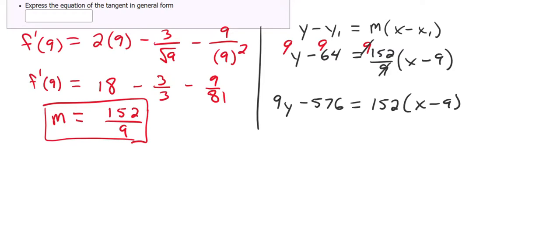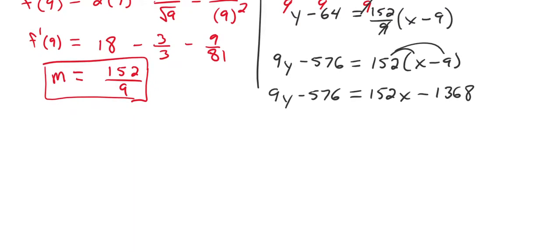Okay, and now we're going to have 9y minus 576, which is equal to, and then just distributing this in, we get 152x minus 1,368. I knew what that was already.